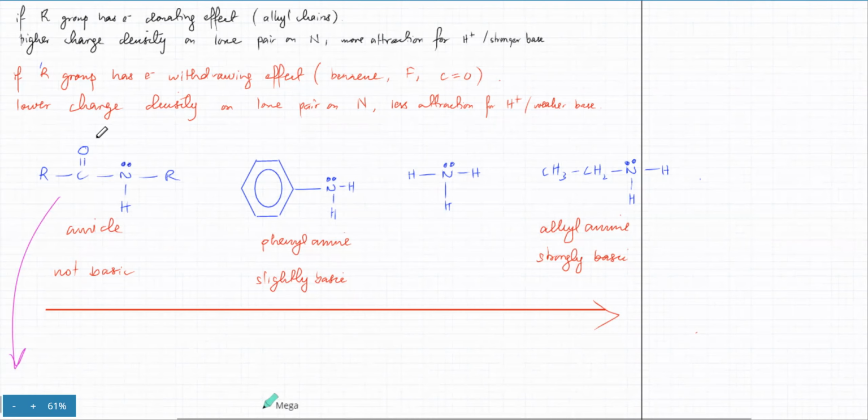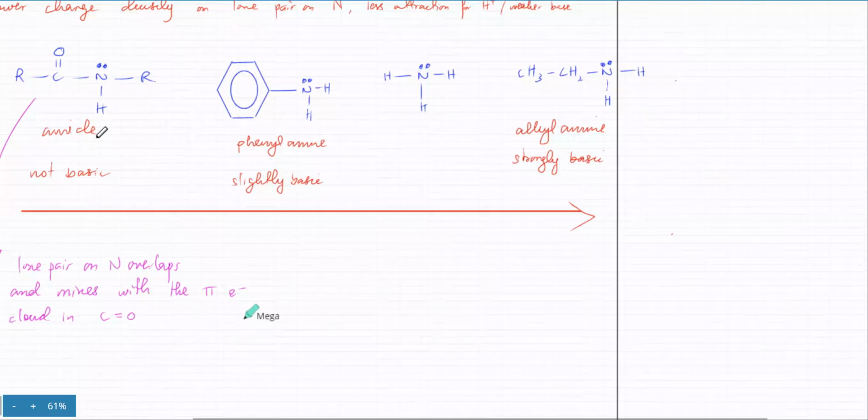So the lone pair on N overlaps and mixes with the pi electron cloud in C double bond O.